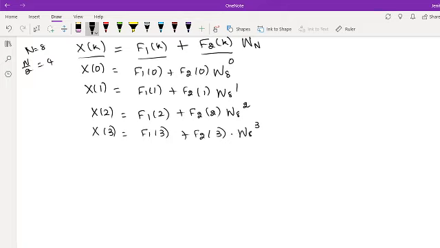So if you are calculating the next sample, the 4 new samples for f1 and f2 of k are over, since f1 and f2 of k are only N by 2 samples. So now the next sample is a repetition for f1 and f2. So when you reach that N by 2 point, the samples for f1 of k and f2 of k are only from 0 to N by 2 minus 1.